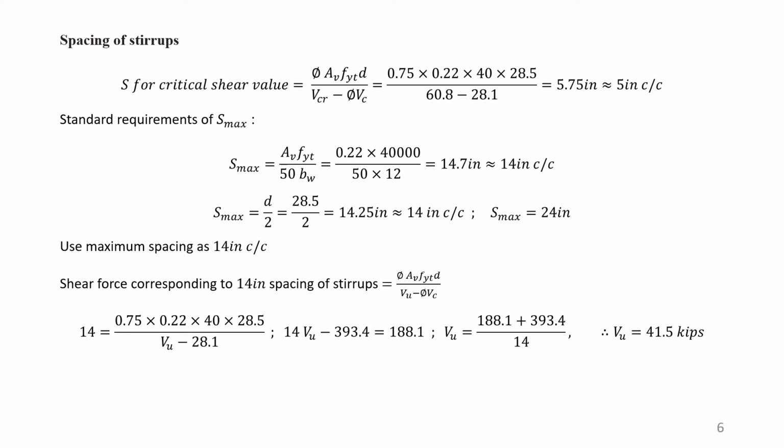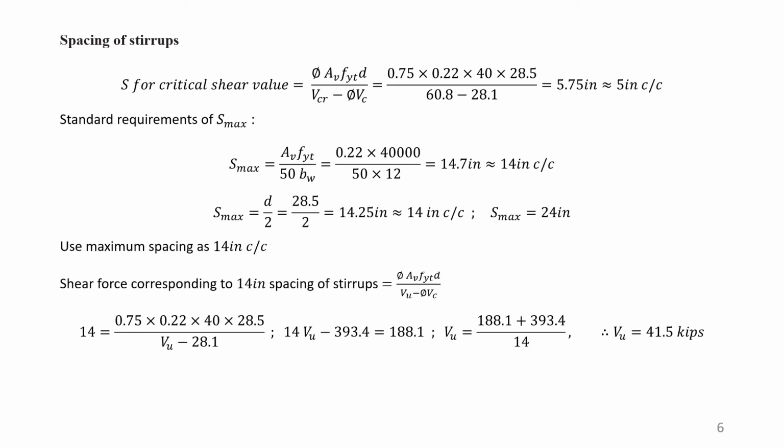This 14 inch center to center will be required where the shear is smaller. At the middle of the beam, the shear reduces to 0, and from the middle towards the support, the shear force increases.